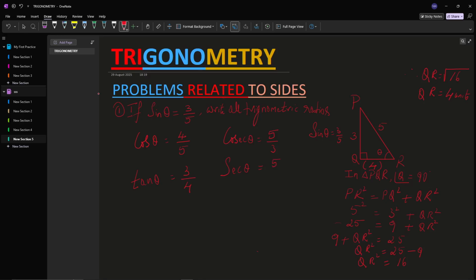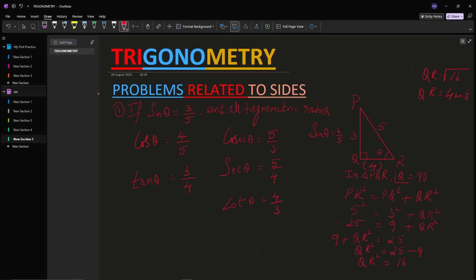So sec theta is going to be 5 by 4, that is hypotenuse by adjacent. Tan reciprocal is going to be cot theta. Tan theta is 3 by 4, so cot theta is going to be 4 by 3. Tan theta is opposite by adjacent, cot theta is going to be adjacent by opposite. So these are the 6 ratios related to the sides.